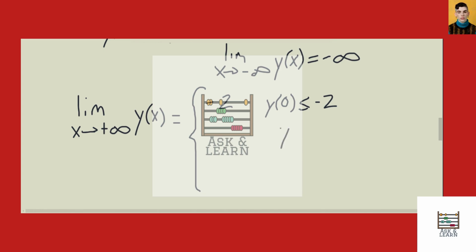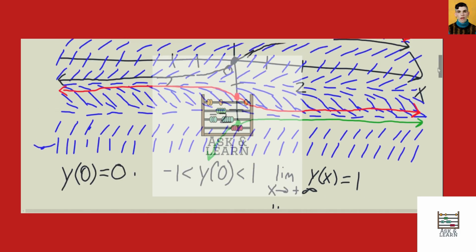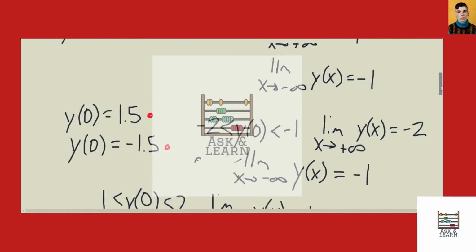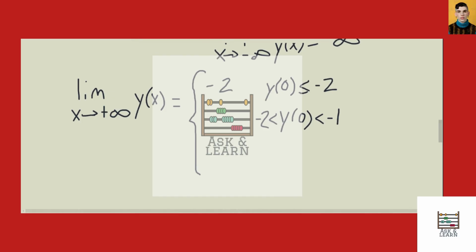If y0 is between negative 2 and negative 1, then we saw that this limit is going to be negative 2 again. So you can actually extend this to be the set of all y naught less than negative 1.